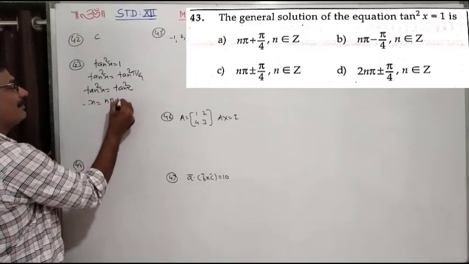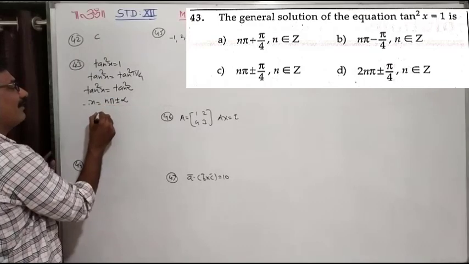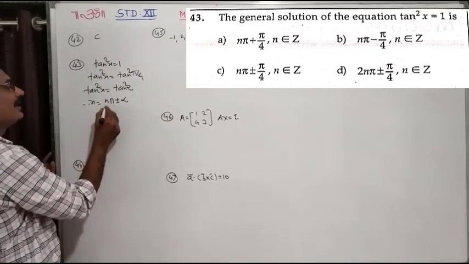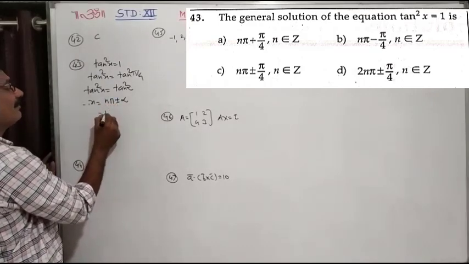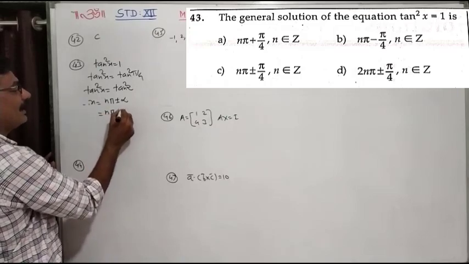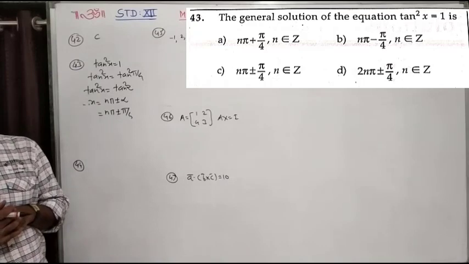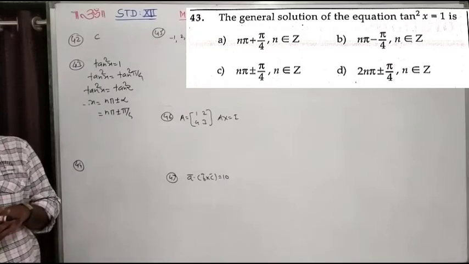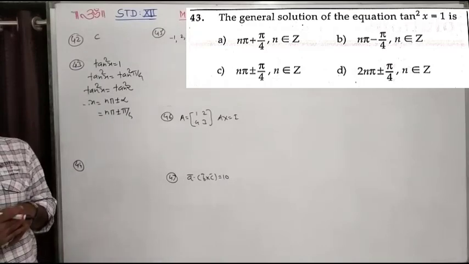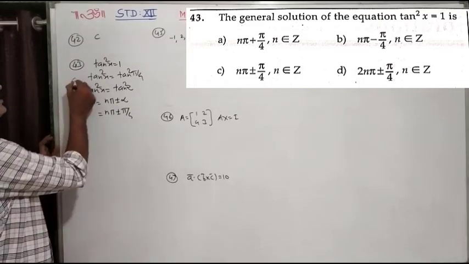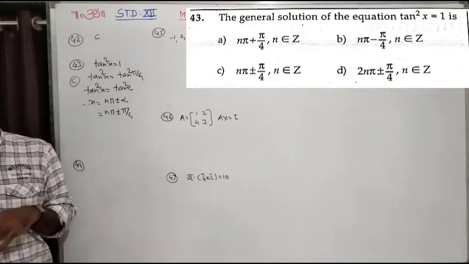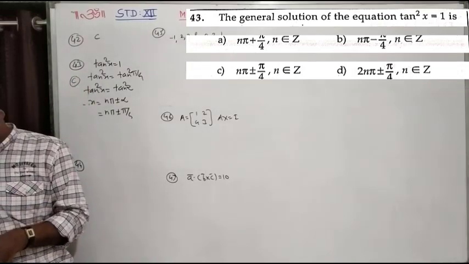N pi plus or minus alpha. Okay, n pi plus or minus pi by 4. Your option is C for 43. Look at the question number 44.